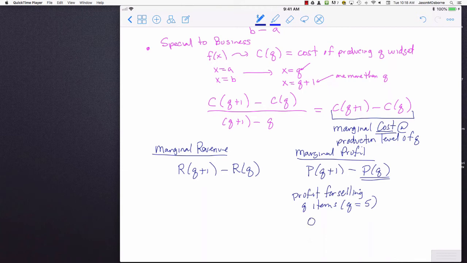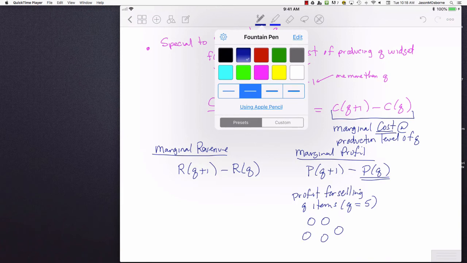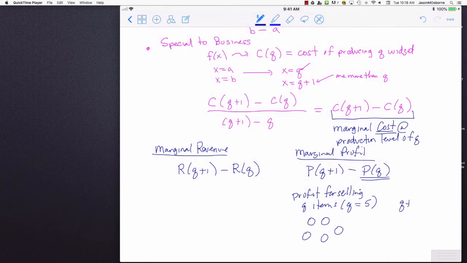So let's say the items you're selling are these 5, maybe circles, whatever they are, 5 items. Okay, it follows then that Q plus 1 is equal to 6 items. So let's say you had 6 items, but then that one more item, let's say it's a different color.